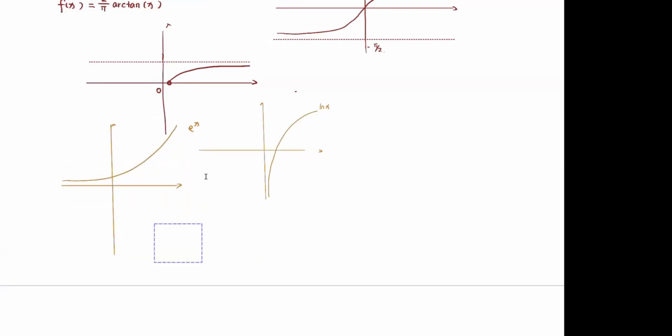You should know something like x over x plus 1 as well. Any exponential function will work here, as long as you flip it.